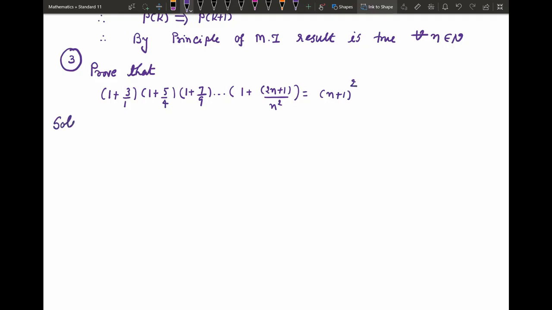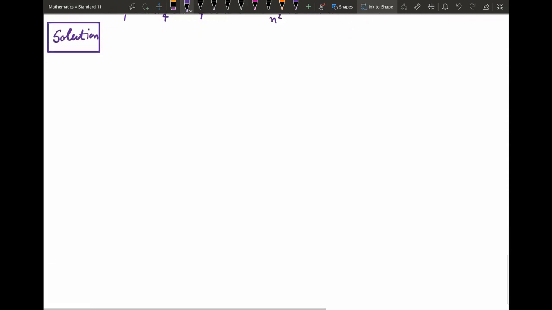Solution. As usual, first we will denote the given result or statement by P of n.